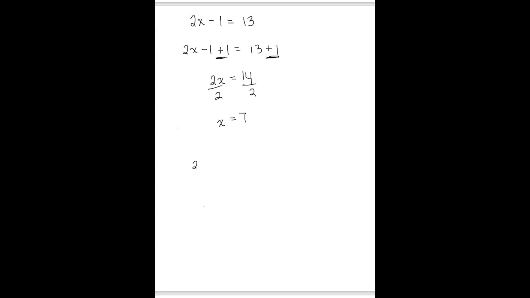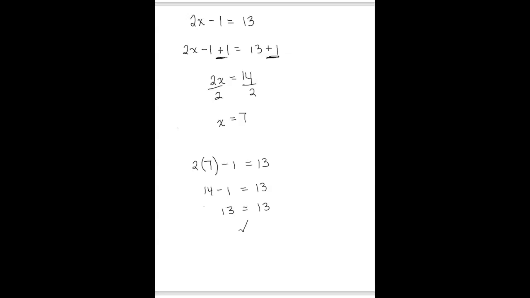So I'm going to have my 2, and instead of an x, I'm going to put in my 7, minus 1 is going to equal 13. So 2 times 7 is 14, minus 1 equals 13. So 13 equals 13. And while that doesn't sound very exciting, that's proof positive that we have the correct answer.